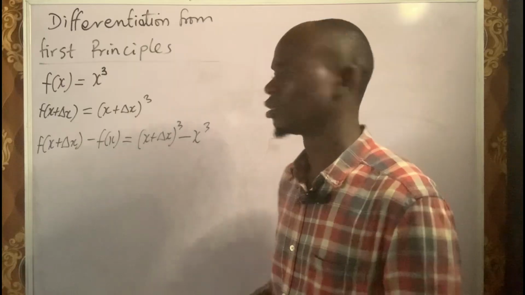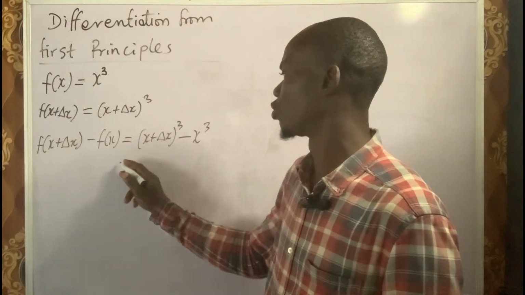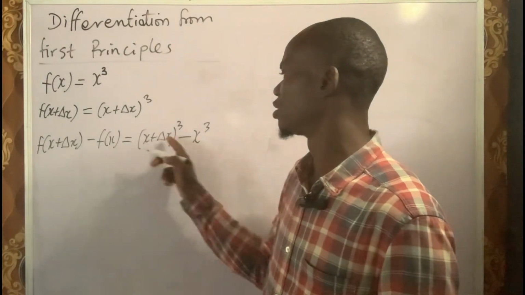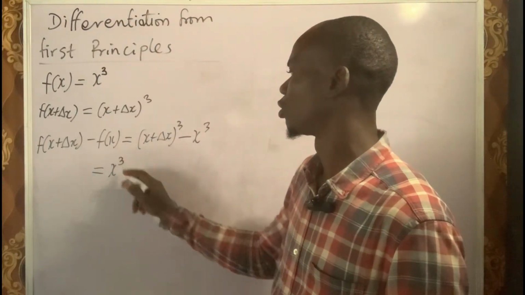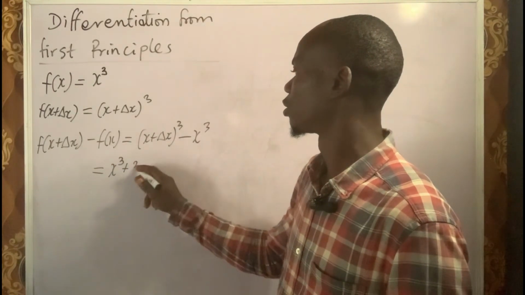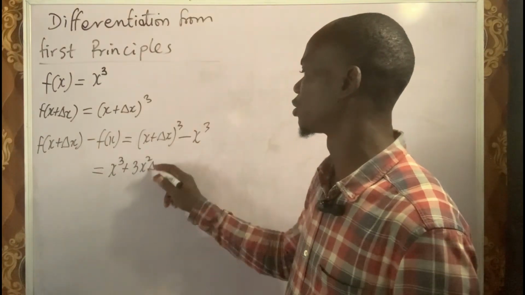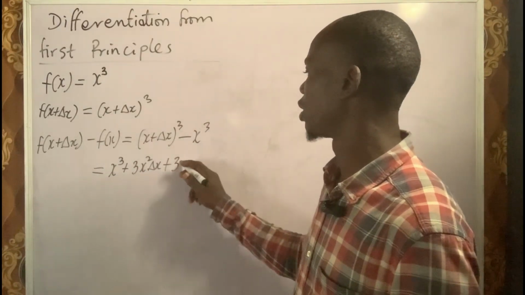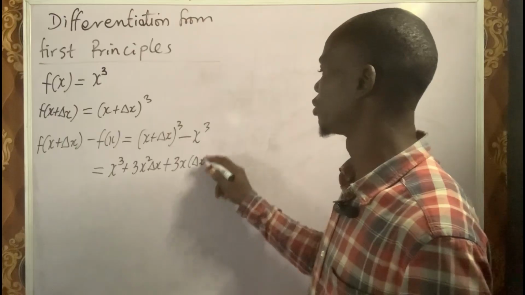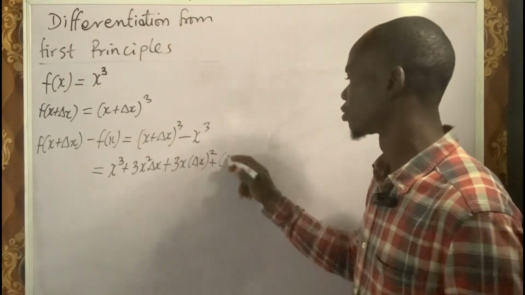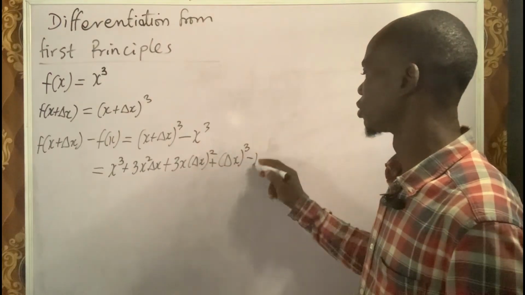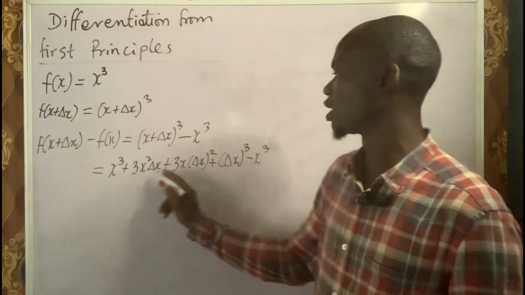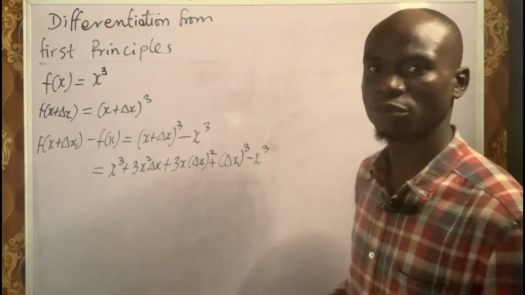Okay, then the next we are going to have to expand this. If I expand that guy, I'm going to have x³ + 3x²Δx + 3x(Δx)² + (Δx)³ then minus x³. So all this is the expansion for (x + Δx)³.